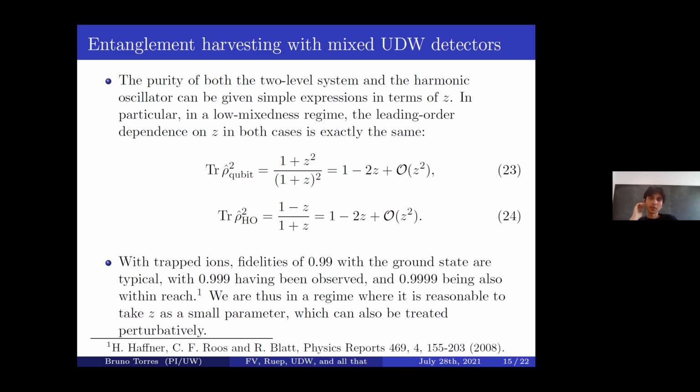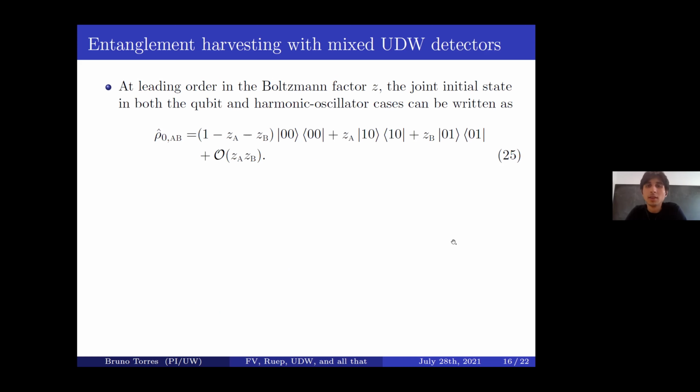That's the main point. And if we take that to be small and we keep just the leading order contributions in this Boltzmann factor, then again, in both cases, both for the Unruh-DeWitt model with the two-level system and the harmonic oscillator case, the initial state of the two probes is going to be written as this, right?